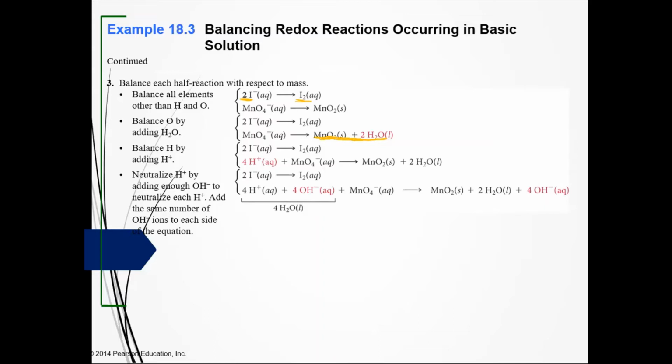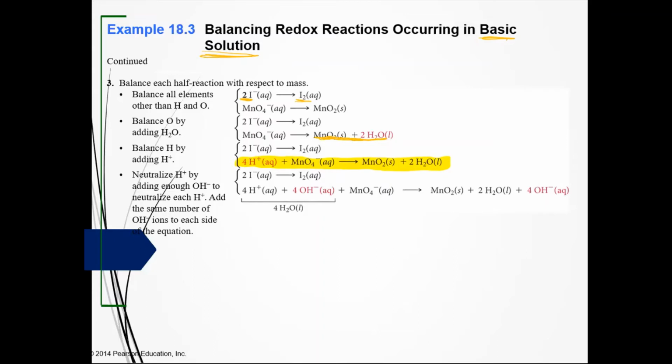Now, because we're doing this in a basic solution, right? So far, everything has been the same as if it was acidic. And so if it was acidic, we could have just stopped right here with this equation for our acidic. But instead, because it's basic, what we're going to do is we're going to neutralize them. Right?